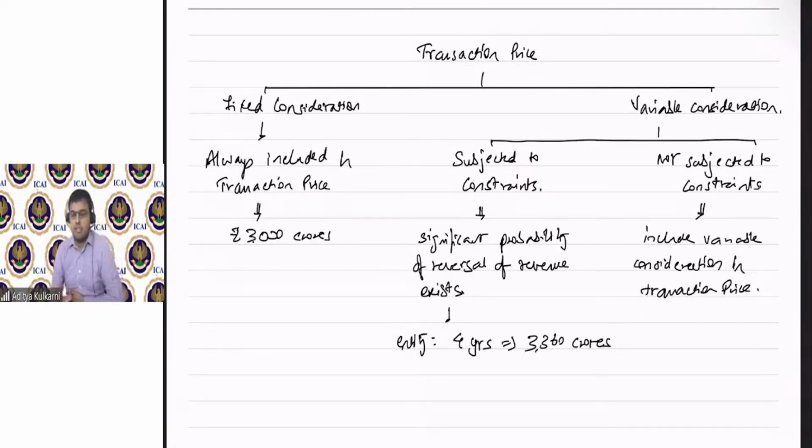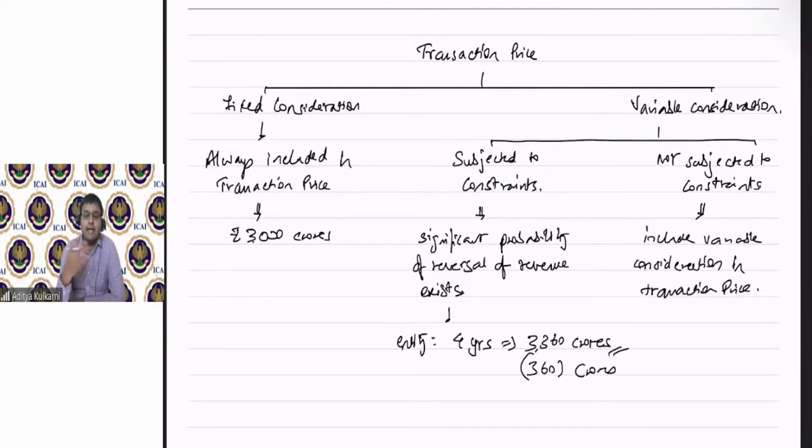If you do not see this, the entity most likely will not complete the contract within 4 years. But based on its estimates, it would have booked 3,360 crores at the end of 4 years. That means in the fifth year, there will end up being a reversal of up to 360 crores.